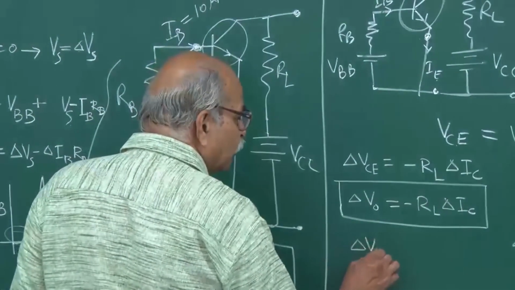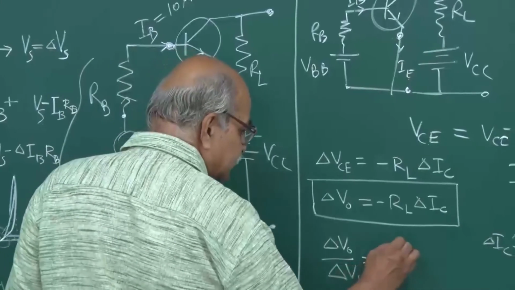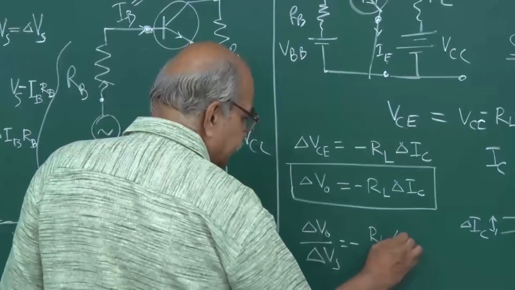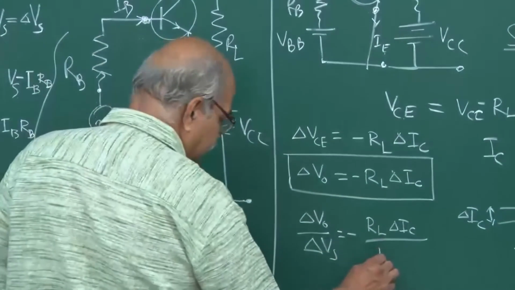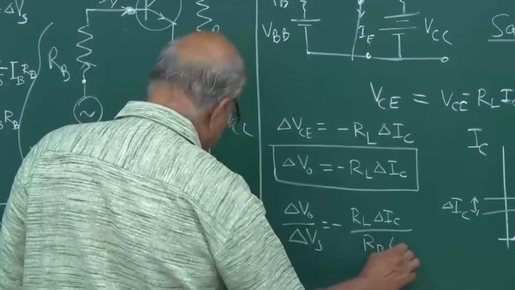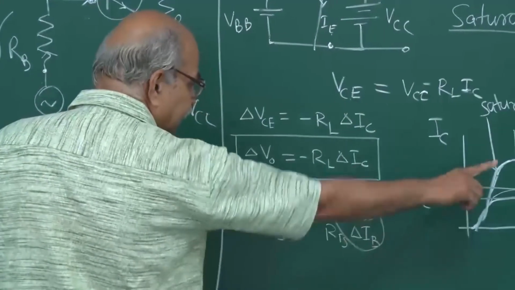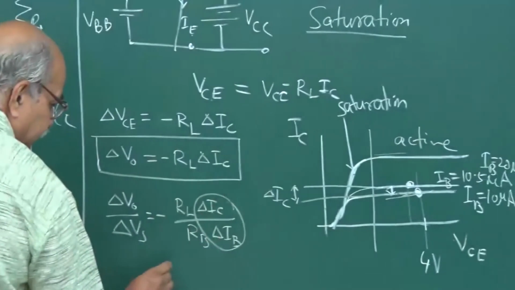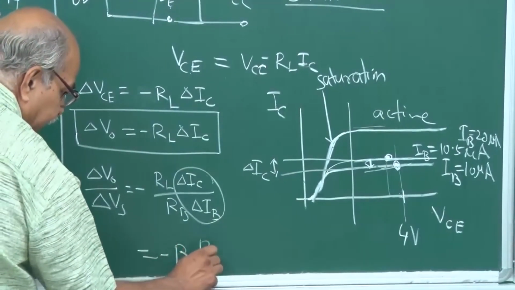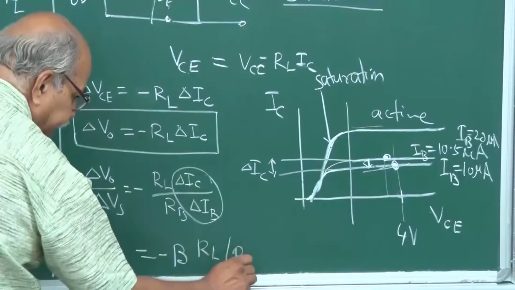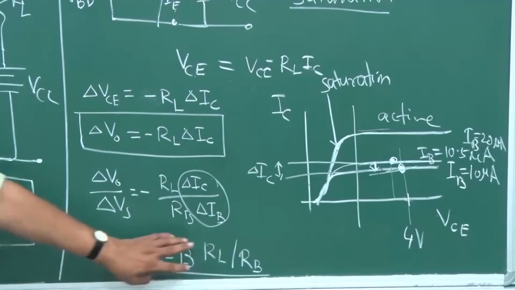Delta VO divided by delta Vs is minus RL delta IC divided by RB delta IB, and we are in the active region, so this is beta. So, this is minus beta times RL by RB, and this is constant.